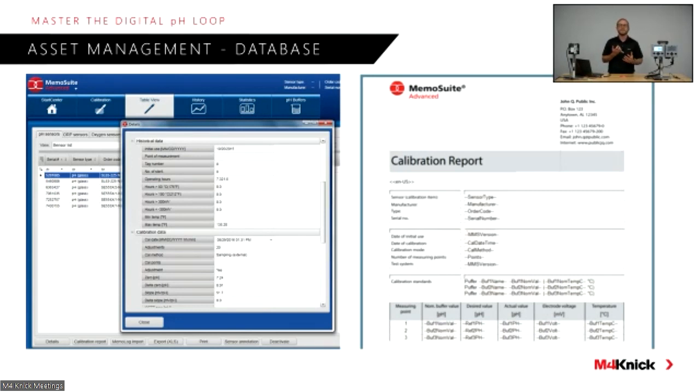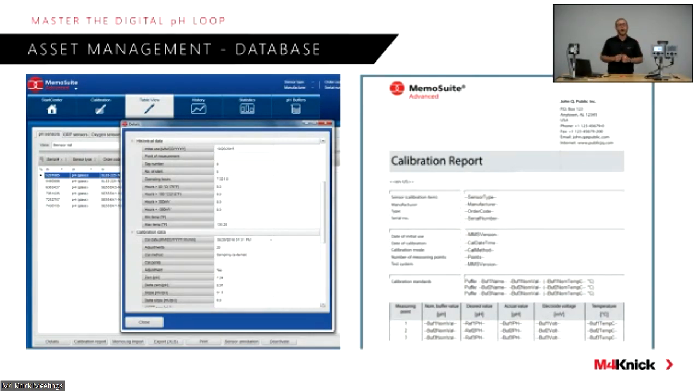So digital sensing technology allows us to build up that database of the different assets within our plant and pull records at any point in time because of the digital data of the sensing element itself. So it opens up a whole new realm from an asset management standpoint.